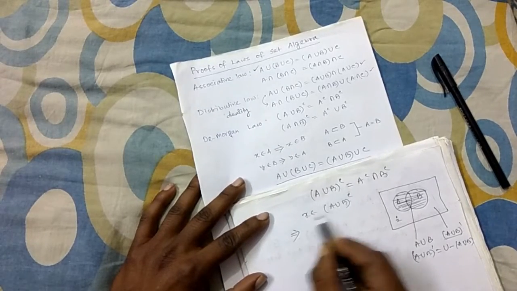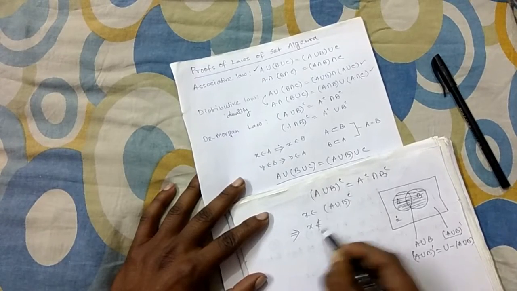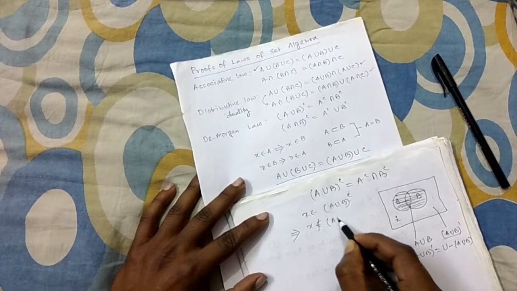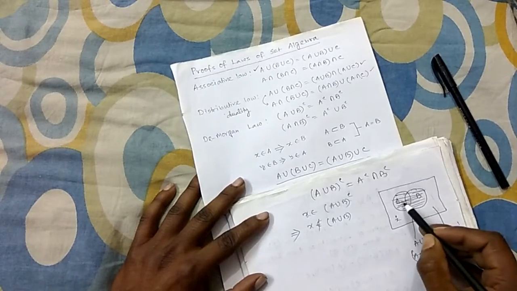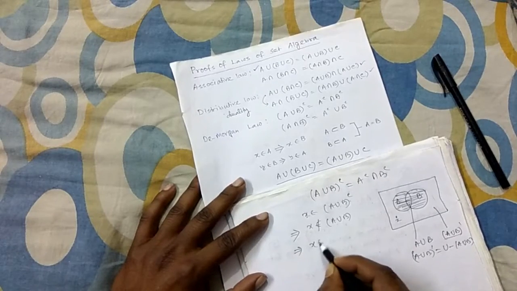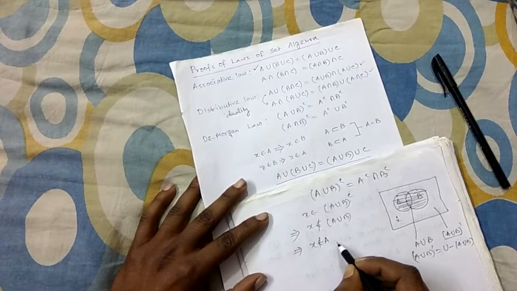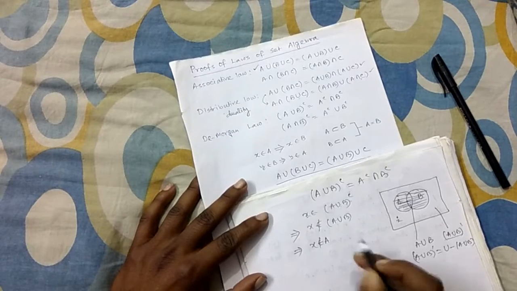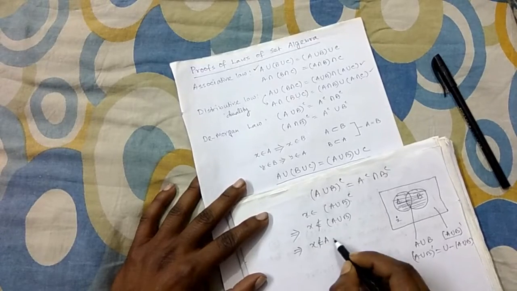So if X belongs to A union B, its complement, so X does not belong to A union B. X is here. X is nowhere inside A or B, right? Okay. So X does not belong to A. Now that's an interesting part, and also a section where maximum students make the mistake.